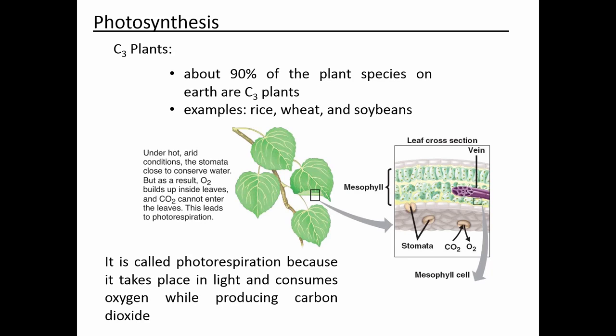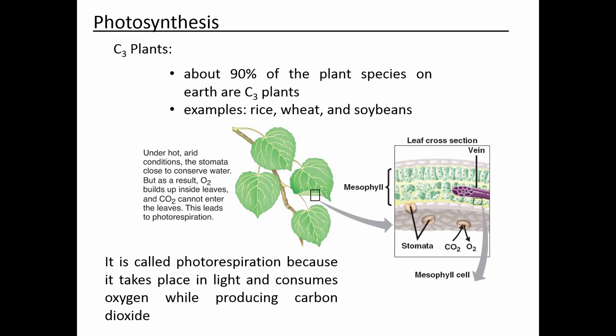I previously told you that this incorporates no new carbon into the plant. So if photorespiration is taking place, that's going to limit the amount of carbohydrates or organic molecules that the plant can make, and because that's the source of food for the plant, that's going to limit plant growth.